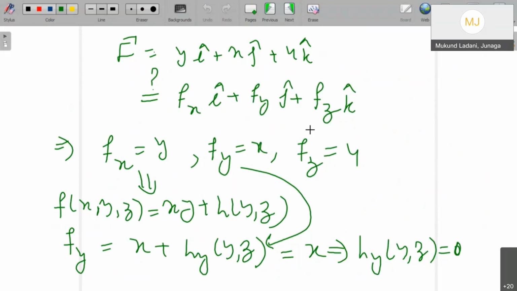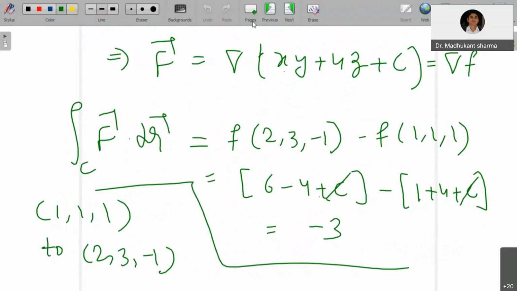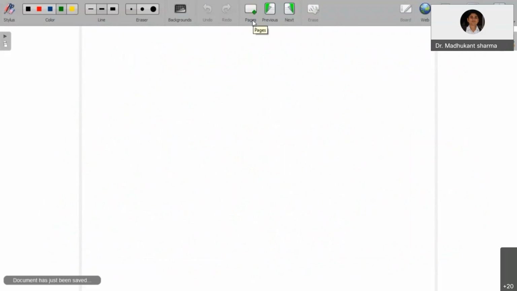See, there are various ways to look at it. Some textbooks follow this, some may follow that. So f x means dou f by dou x.